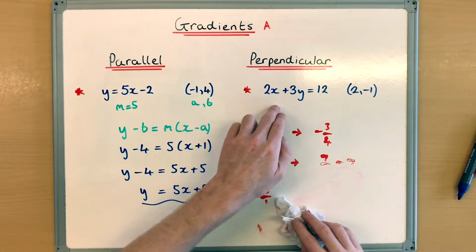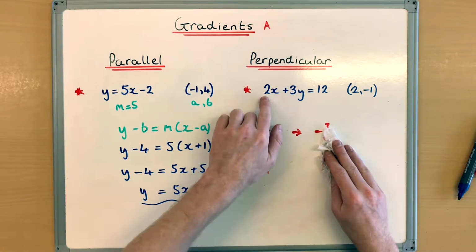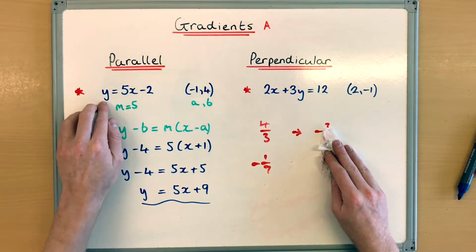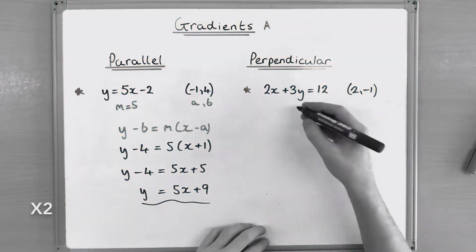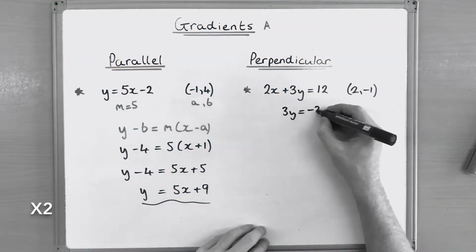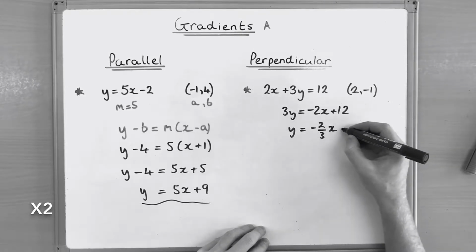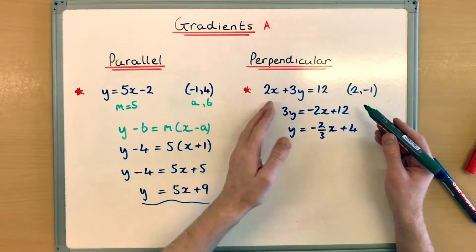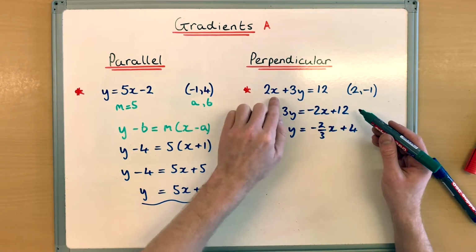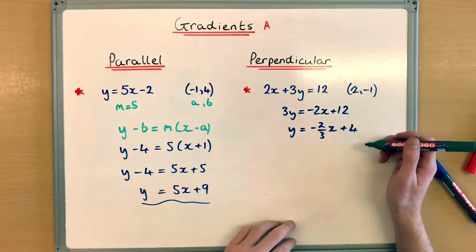Okay, so let's use that now. First thing to note is with this example here, we can't actually clearly see what the gradient is. The gradient isn't simply 2. We can only say that when it's rearranged y equals. So the first thing we're going to need to do here is rearrange this. So what I didn't say was what we're looking to do is find the equation of a line perpendicular to this one, in other words at 90 degrees to it, going through these points here.